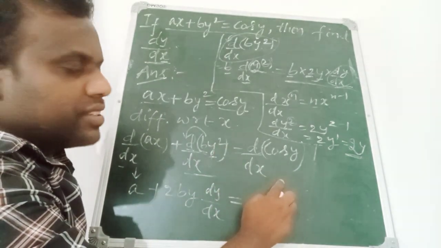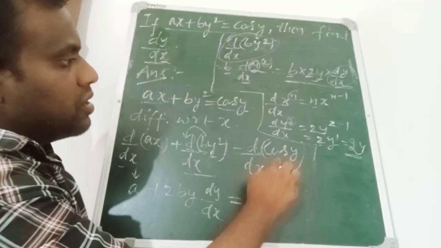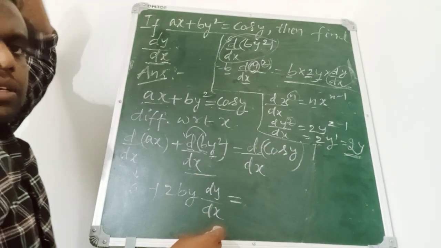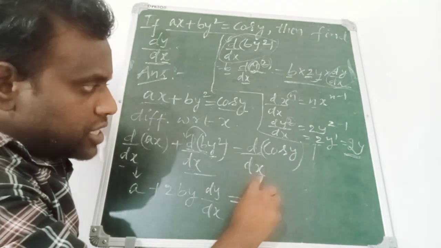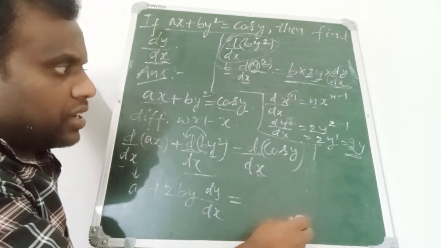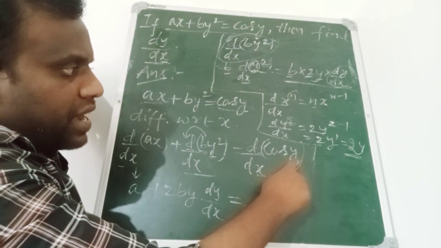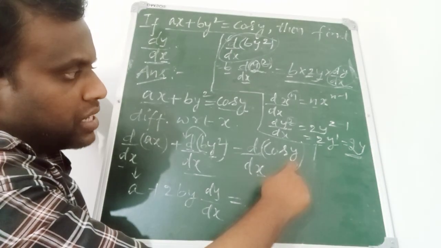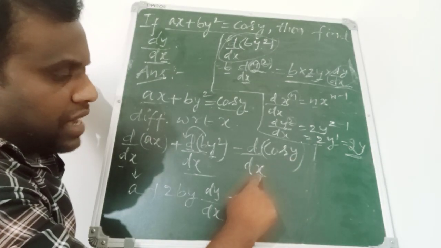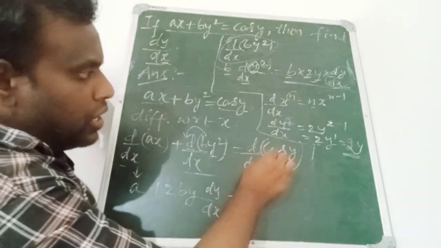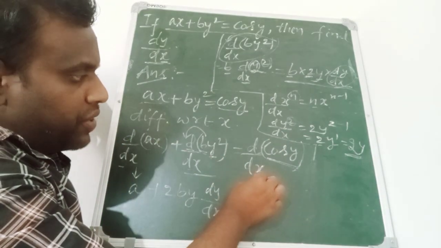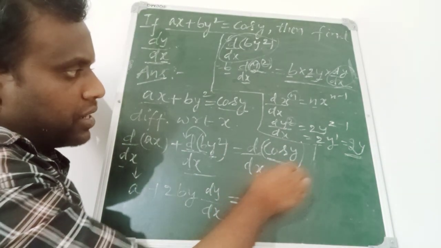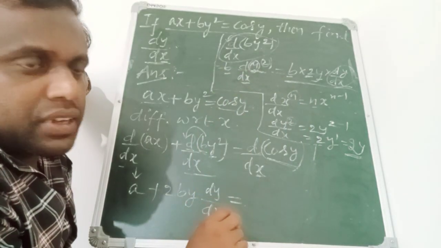Next, come to this d by dx of cos y. See, we are differentiating with respect to x. If we have x here, in place of y we have x, then this is only one function. But here we are differentiating with respect to x, but x is not there.